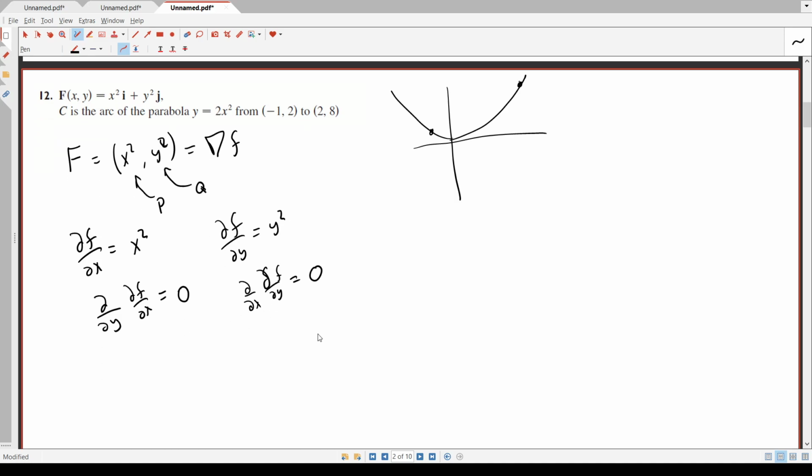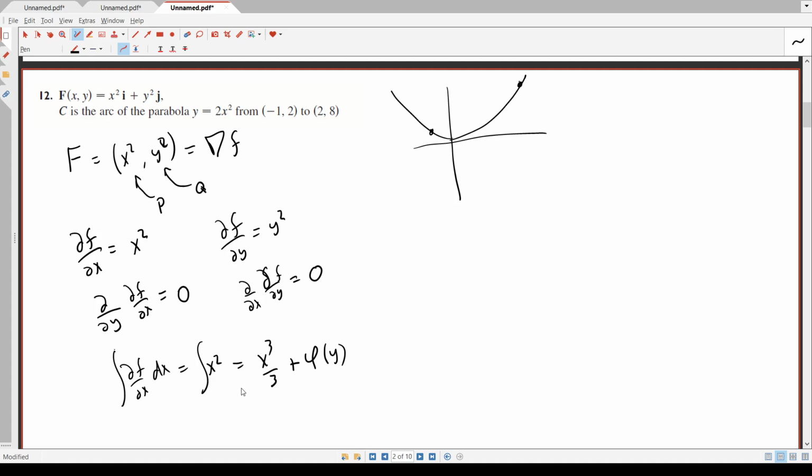Okay, so let me figure out what I can write this as the gradient of. If I know that df dx equals x squared, then if I integrate this with respect to x, I get x cubed over 3 plus some function involving y, stuff that involves y.